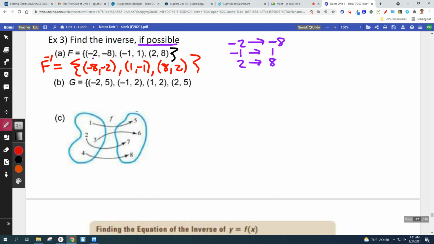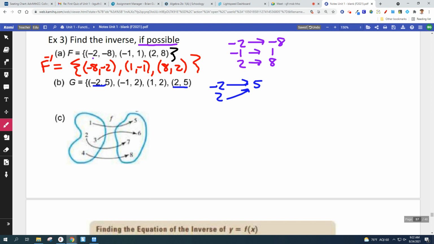So don't forget the if possible. This second one I don't think is possible. I guess you can look at two different places, but if I look at these 2 points right here, -2 goes to 5, and 2 also goes to 5. That's a problem. That's not 1-to-1 anymore.